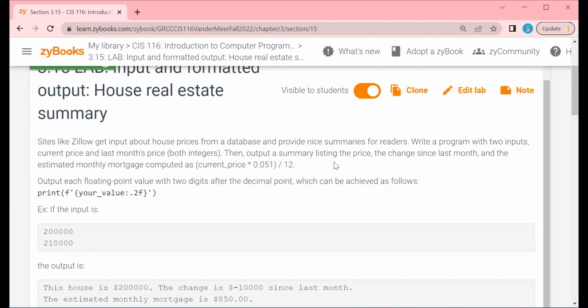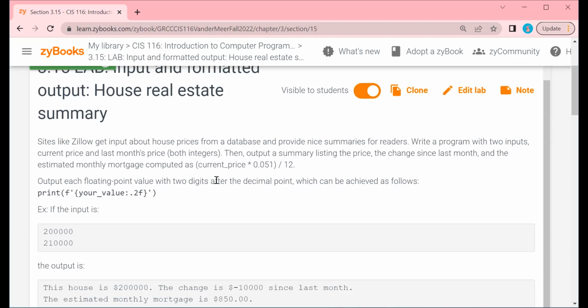So this program, we're going to write a program with two inputs. One is the current price, and the second one is last month's price. Then we're going to output a summary listing that shows the difference in value. So if my house was worth 200,000 this month, and last month it was worth 210, I'm going to see that I had a change of negative 10,000.